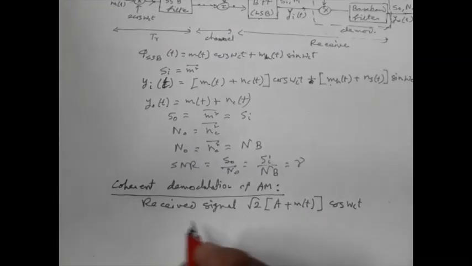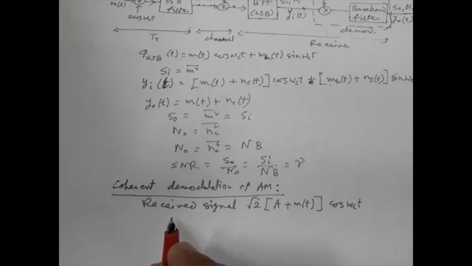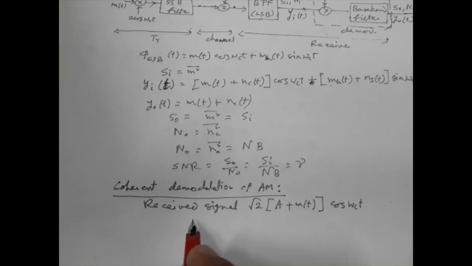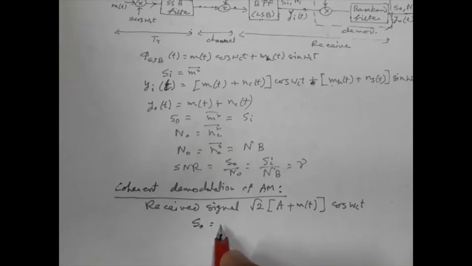We will get the demodulator output m(t) after multiplying and passing it through a baseband filter. So S_o equal to m² bar. The output noise is also the same as that of the DSB-SC.